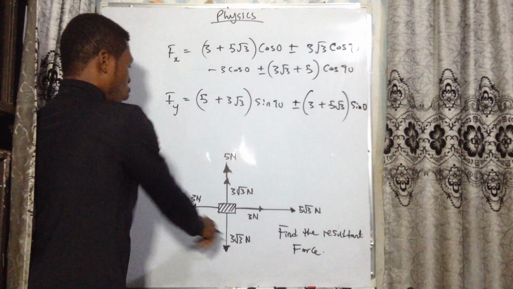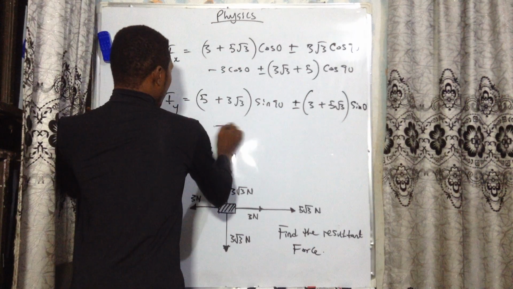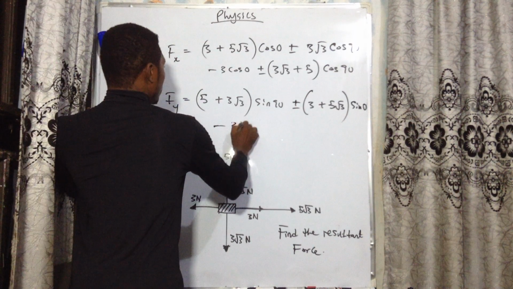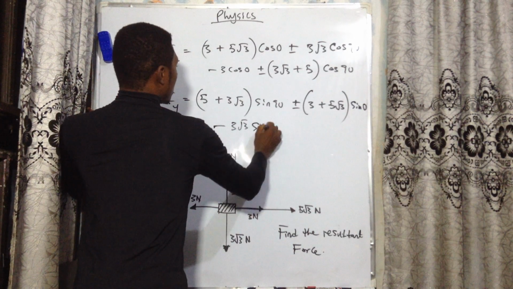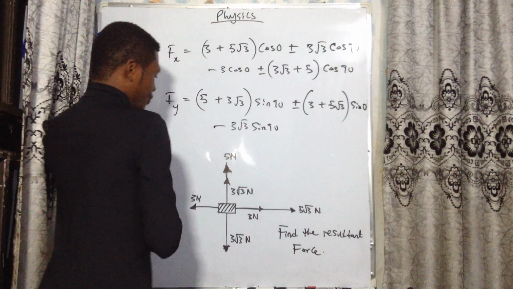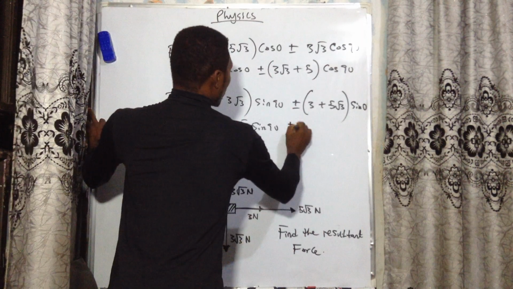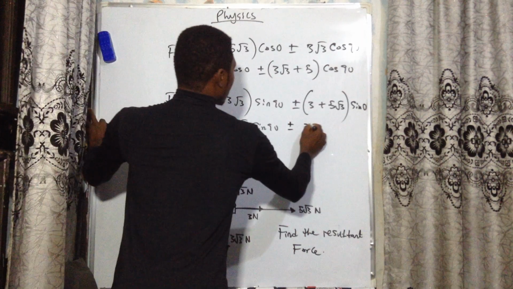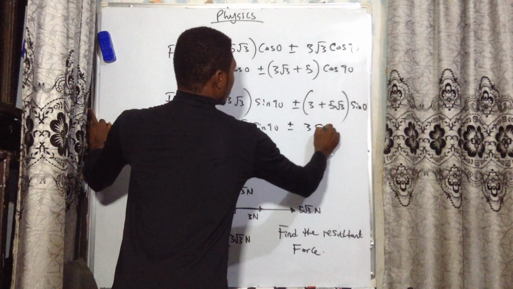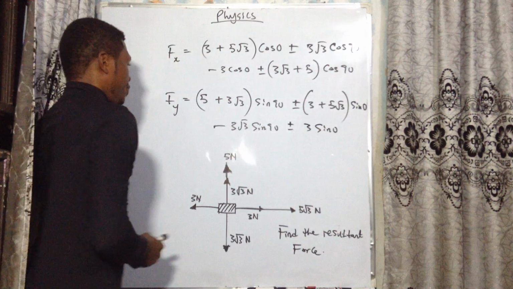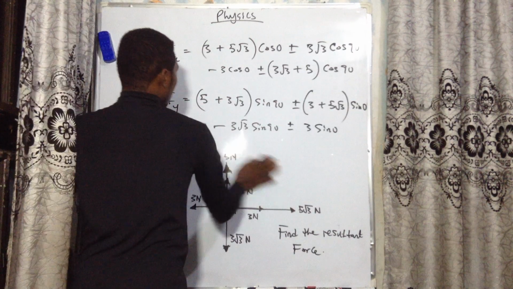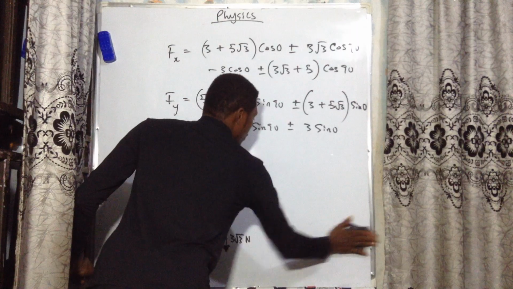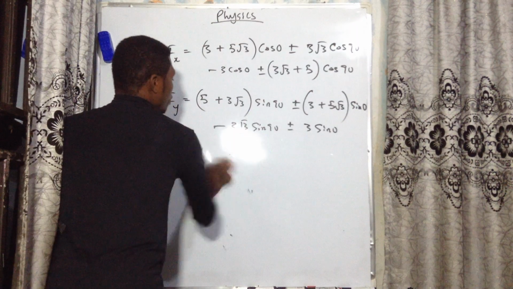Now, this one is minus 3 root 3 sine 90. Okay? Then this one is plus or minus 3 sine 0. You see? So that is it. Now, let's clean it. We are done with the figure though.